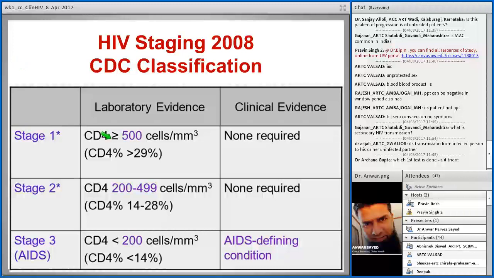So stage 1 is CD4 more than 500. Stage 2 is CD4 between 200 to 499. Stage 3 is CD4 less than 200, but stage 3 is also along with clinical evidence of AIDS defining condition.